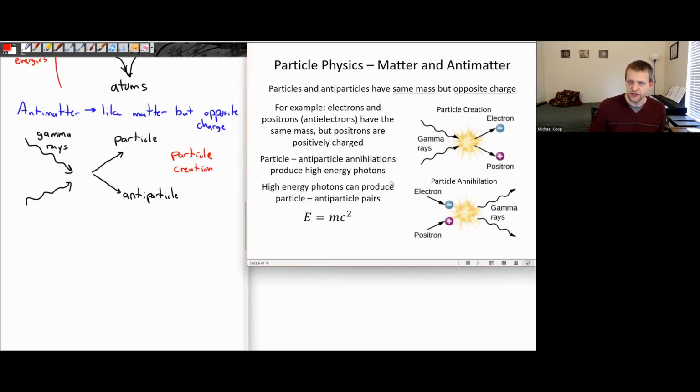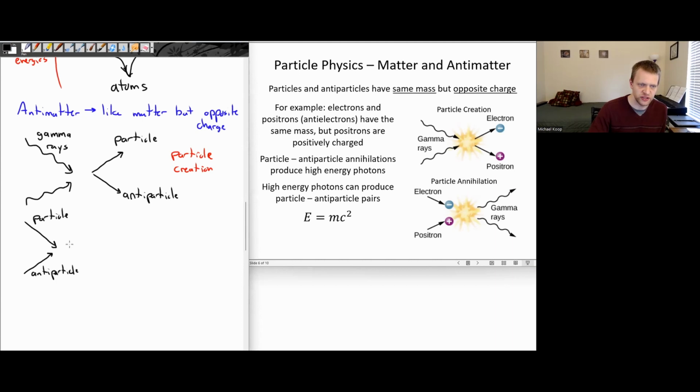The other reaction is the annihilation reaction. If I have a particle and an antiparticle come in, they will annihilate with each other and produce two gamma rays.